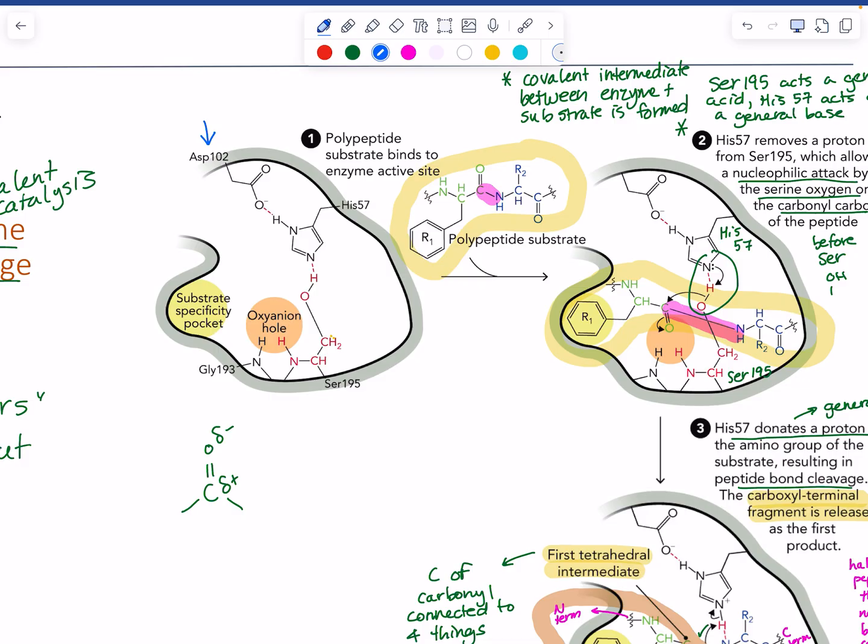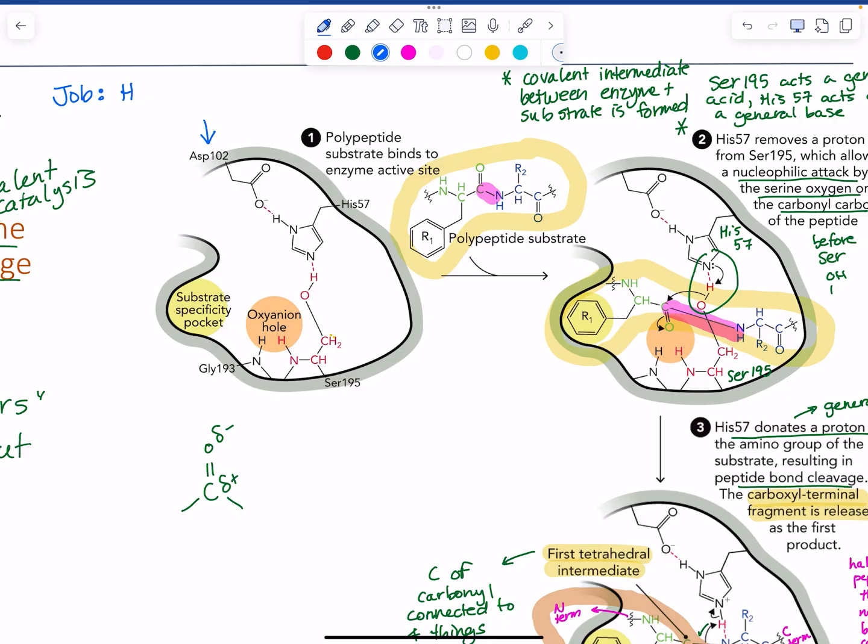It forms a very important hydrogen bond to hold that in place. So its job is to H bond with histidine 57 to keep it properly positioned.